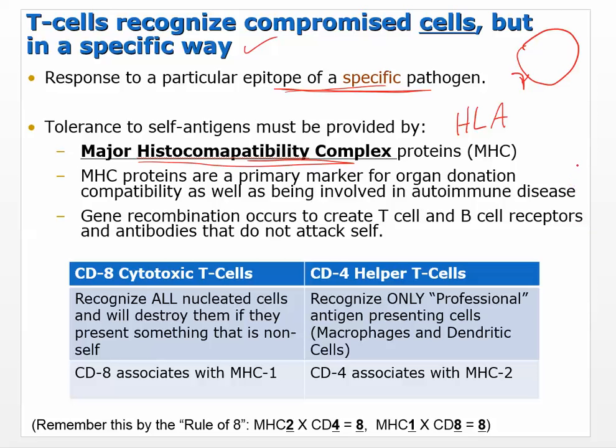All cells in your body, so let's just say this is a regular cell, it could be a liver cell or something like that, have something called major histocompatibility complex 1. And what that does is it holds on to antigens that are produced inside the cell. So the cell is constantly sampling its internal contents.